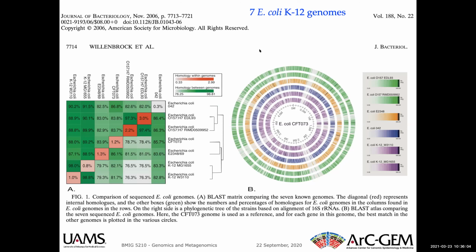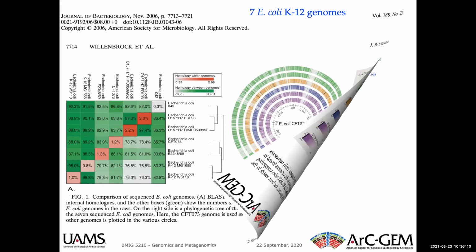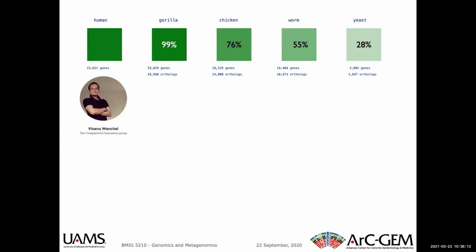Now, the interesting thing is, as we began to compare more, we realized that there's quite a bit of divergence, even within E. coli. Just to put this in perspective, let's look at humans versus gorillas, chickens, worms, and yeast. So here's a human, Vishnu, poor Vishnu, picking on him again.